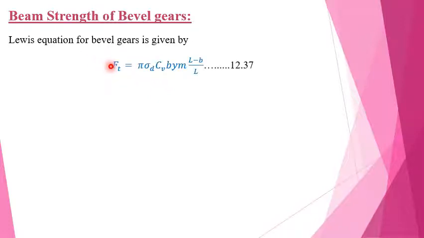Beam strength of bevel gears. So the equivalent tangential force at the large end of the teeth of bevel gear as per the Lewis equation is given by the equation Ft is equal to pi sigma d Cv b by m into L minus b by L, equation number 12.37, where sigma d is the allowable static stress and m refers to the module at the large end of the teeth, and small y refers to the Lewis form factor, which is based on the formative number of teeth.